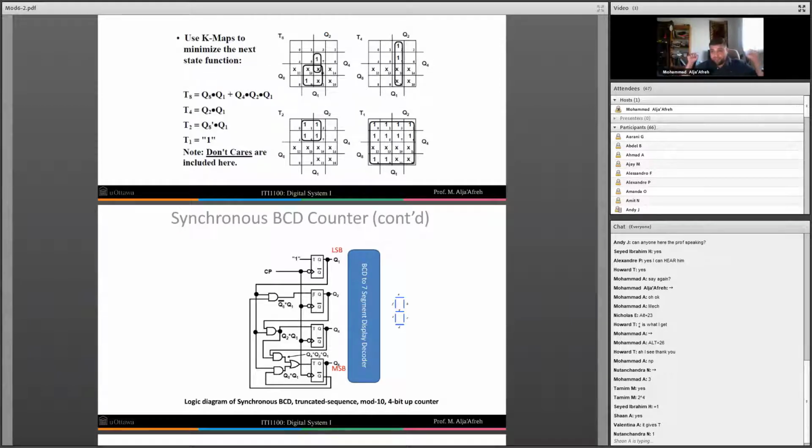Can you answer this question? Add 10 to the table. It will not work because the 7 segment will not be able to display 10.